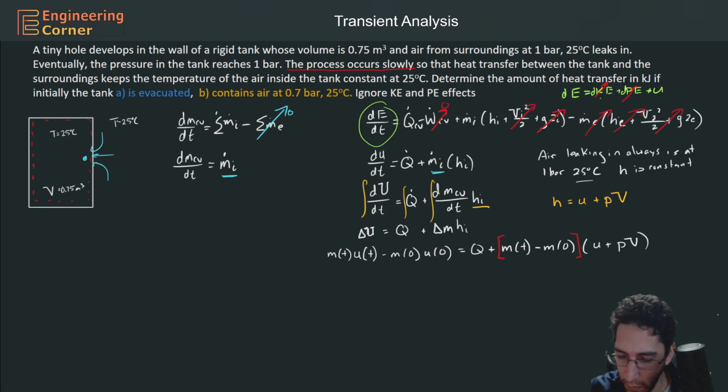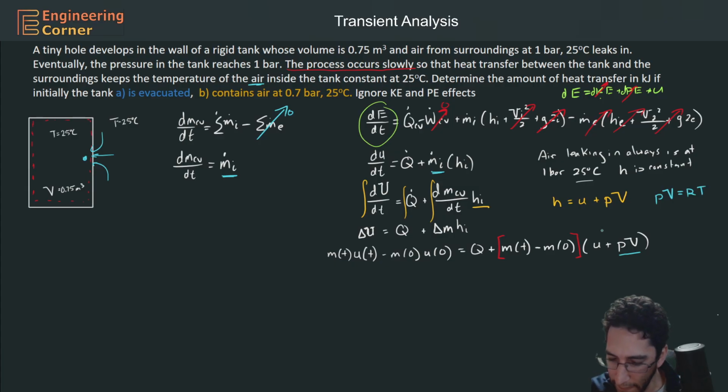Actually, there's one more thermodynamic thing we can do. Because we're dealing with air, we're going to assume it's an ideal gas. So because it's an ideal gas, we have this equation that PV is equal to RT.